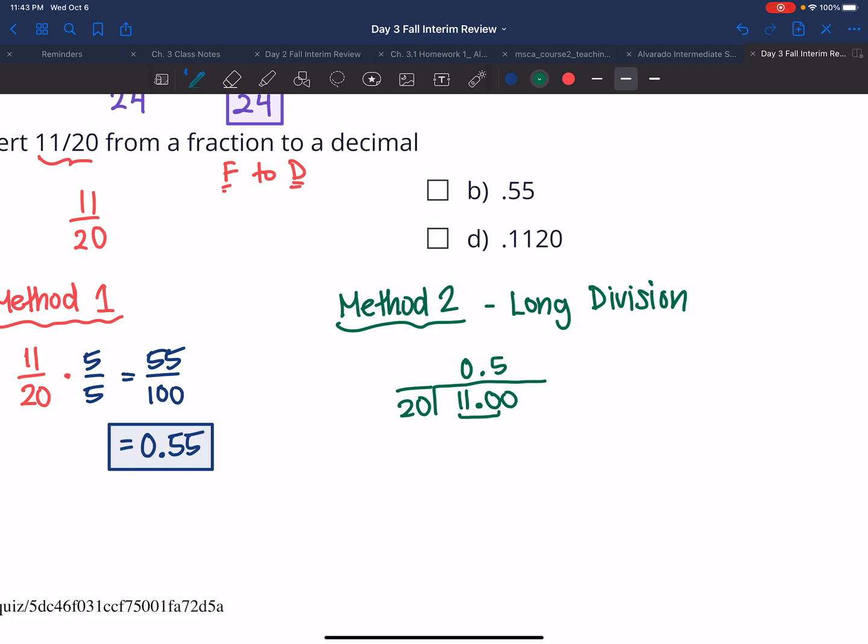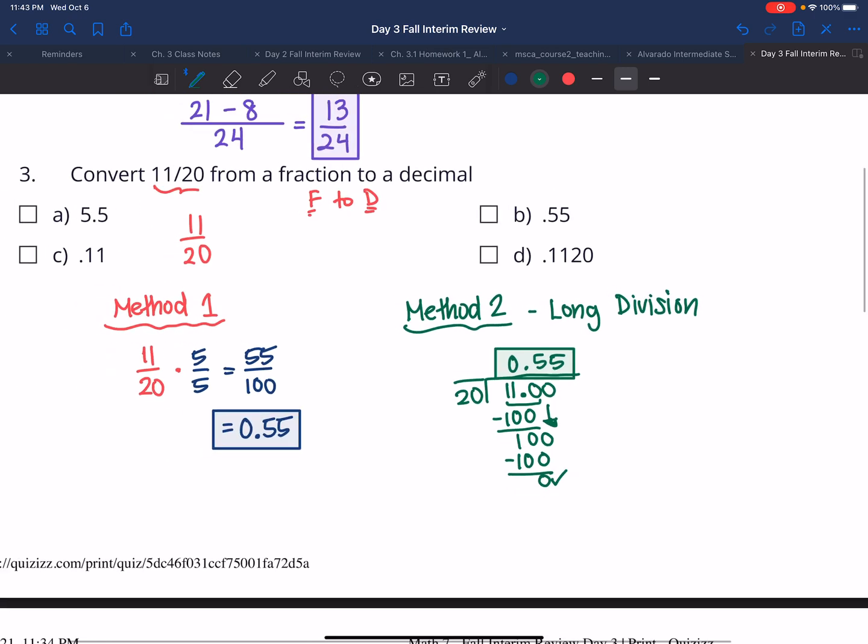Well, 5 times, that's 100. You subtract, you get 10 left, bring down the 0, 20 goes into 100, 5 times. That checks out. So what's my decimal? 0.55, or you do method 1.